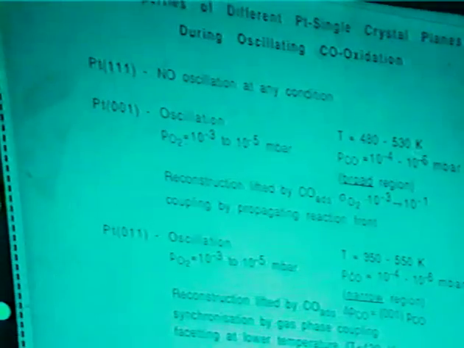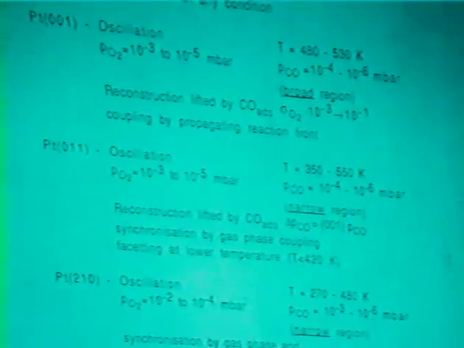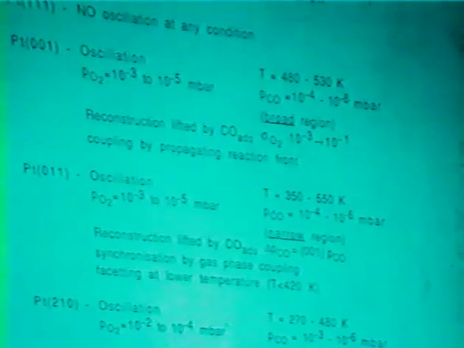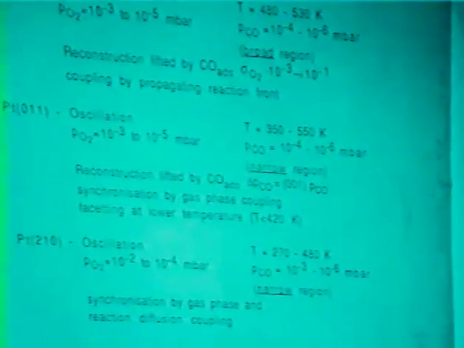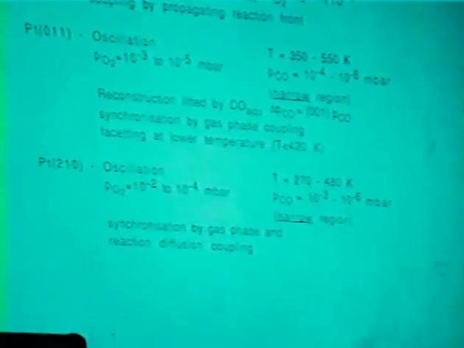For the 001, we have oscillations between 480 and 530 Kelvin under certain conditions of pressure. Also for 011 platinum, the conditions are different, but they are very precise. One has to meet these conditions very precisely in order to observe these oscillations, because these oscillations have to do with the bistability in the adsorption system of platinum.